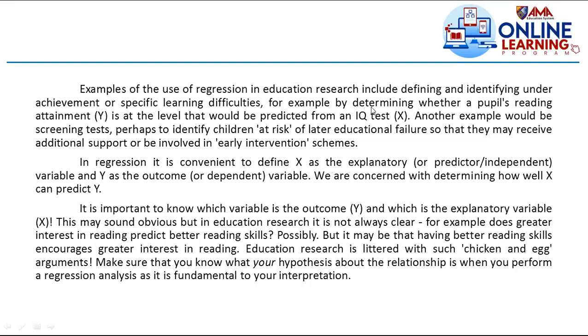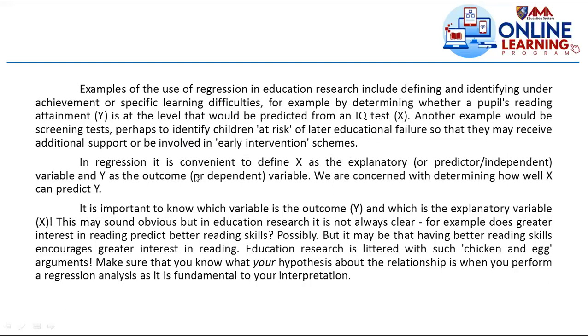For example, by determining whether a pupil's reading attainment in terms of y is at the level that would be predicted from IQ test, which is x. Another example would be screening tests, perhaps to identify children at risk of later educational failure so that they may receive additional support or be involved in early intervention schemes.